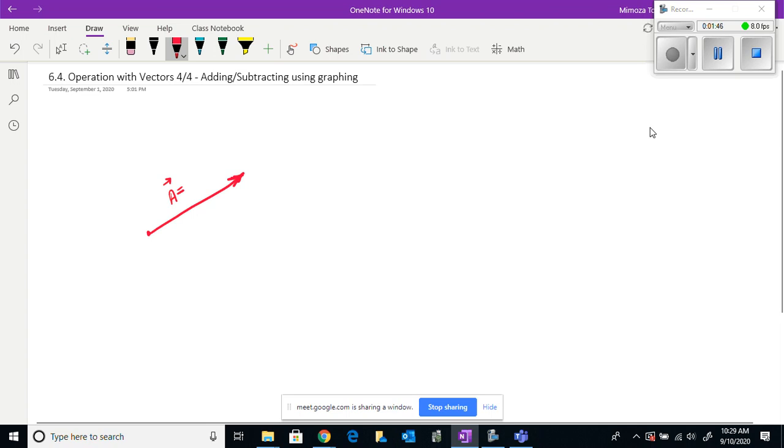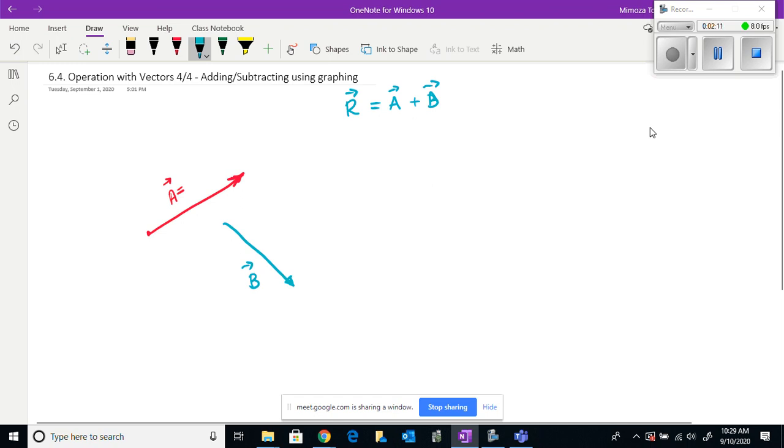But now if we have two vectors to add, let's suppose we have a vector A and a vector B, that we are just adding those two together. So we will be finding the resultant of those two vectors, A plus B. In this case, what do we do?